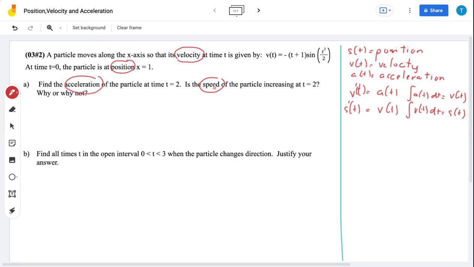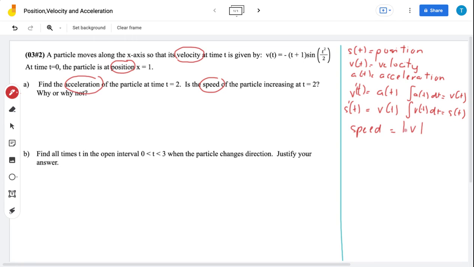And then I see the speed here. Velocity and speed are different. Typically, velocity has direction, and speed is a number. It doesn't have direction. So we can say speed is equal to the absolute value of velocity. It's always positive, so it never gets negative.